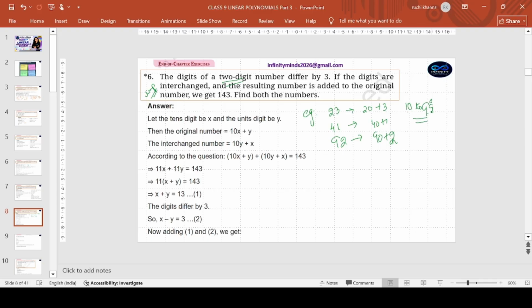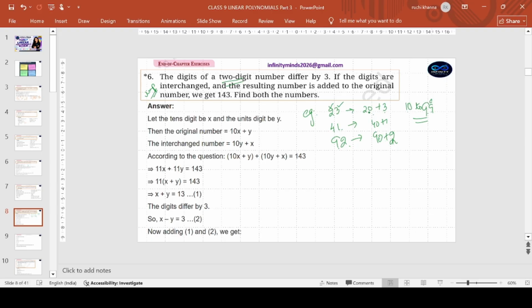So any number that you pick up in between can be broken up like this. These are like your primary classes expanded form, when you write 20 plus 3. So the individual place value of the digit has been written. It's 2 tens plus 3 ones, 4 tens plus 1 one, 9 tens plus 2 ones.